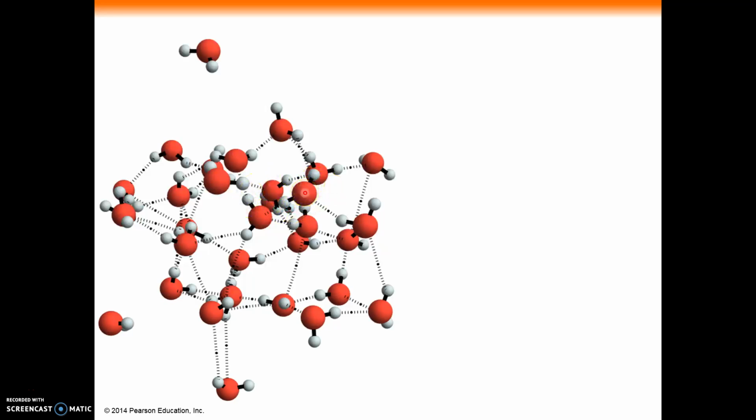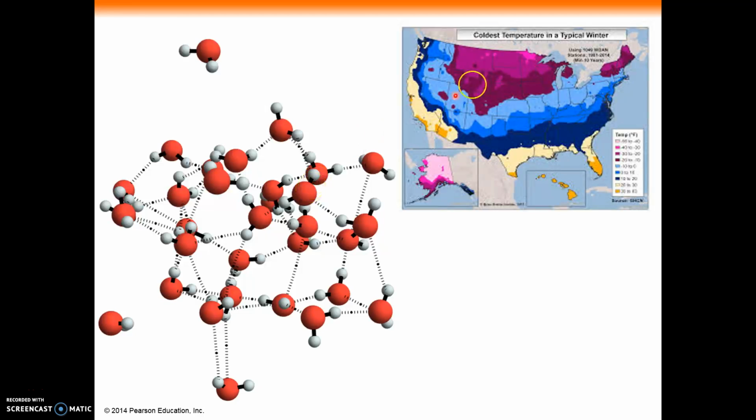Now, this has an effect on global temperatures. Here is a map showing the coldest temperature in a typical winter. You can see here that around North and South Dakota and Montana, it gets very, very cold. More pink equals more cold. Oranger colors means that it's more warm.